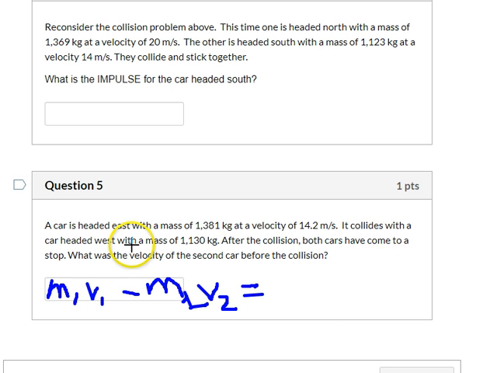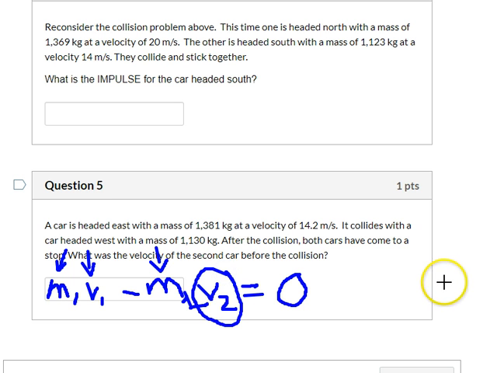They're sitting still afterwards, so their momentum afterwards is zero. So the total momentum before the collision must equal zero. The only thing we know is M1, we know V1, and we know M2. The only thing we need to figure out then is V2, and that's our only unknown.